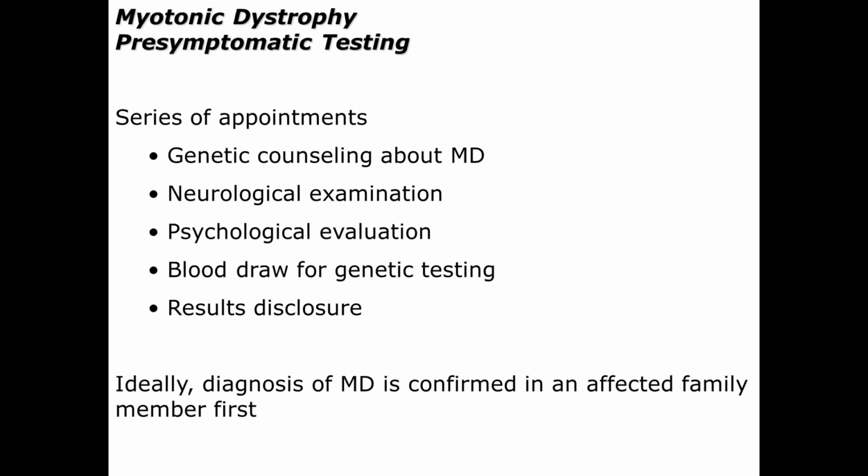So myotonic dystrophy type 1 is by far the more common of the two, by a lot. So most people, if they're going to get genetic testing, should start with myotonic dystrophy type 1. If somebody tests negative for myotonic dystrophy type 1, then the next thing to consider is myotonic dystrophy type 2. Now, rarely somebody might have a very specific presentation that goes with type 2, and then the doctor will say, let's start with type 2 because I think it's going to be type 2.